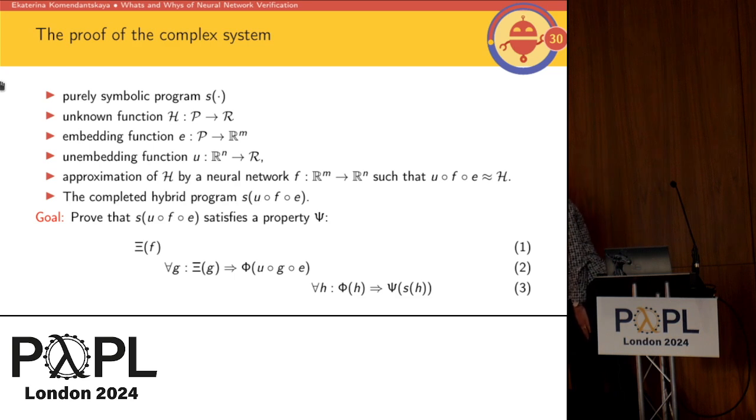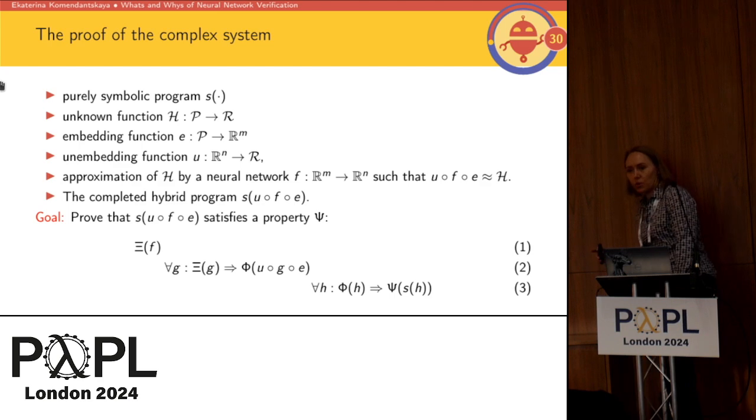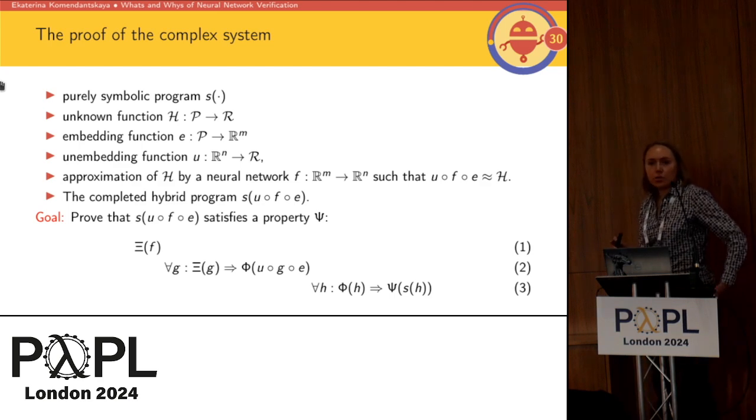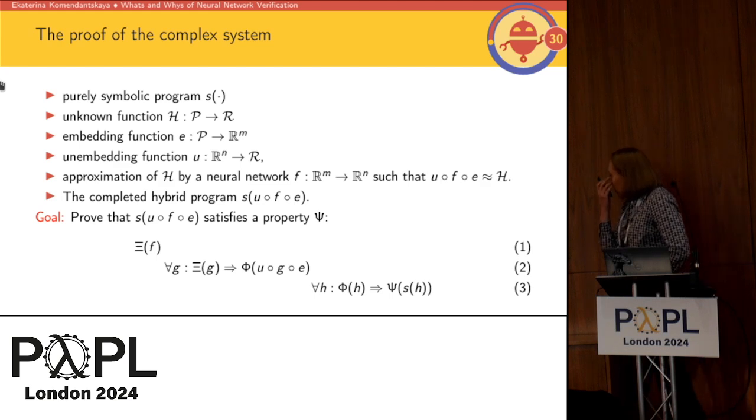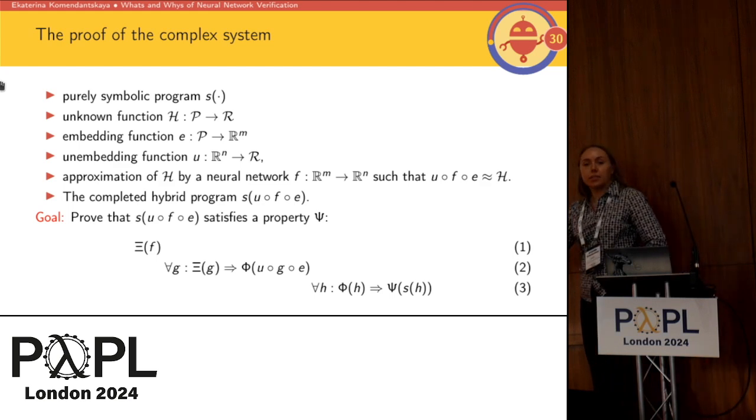Well, you want psi to hold of sh. And you want to have a property that says, if some property phi holds of h, then the overall property of phi is holding of sh. Right? So if I can prove something on the neural network side, I can guarantee that the overall system is all right. So if the neural net's safe, the overall system is safe.